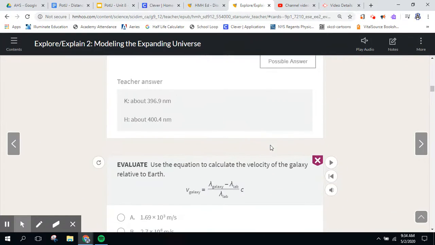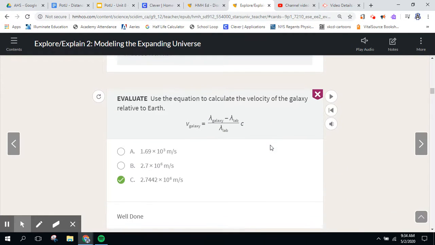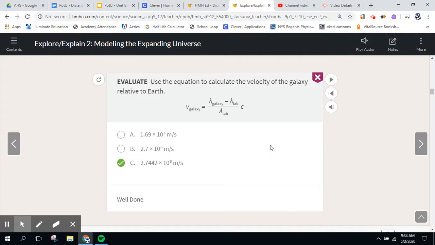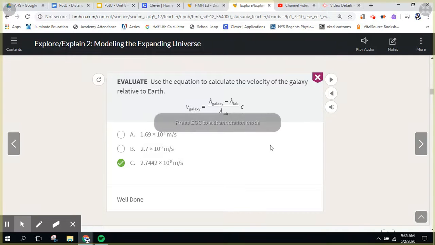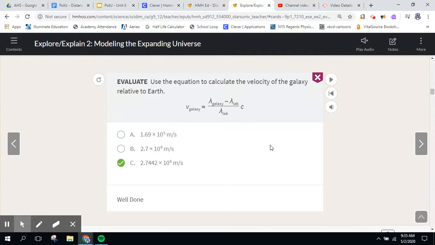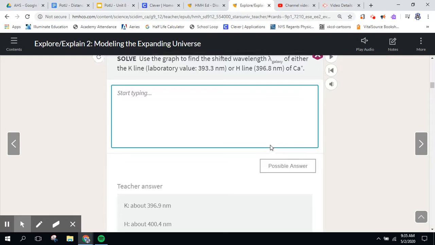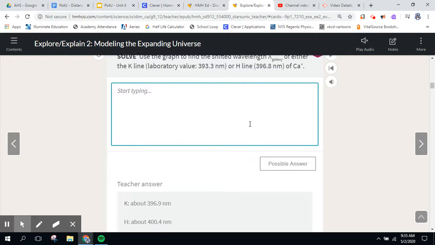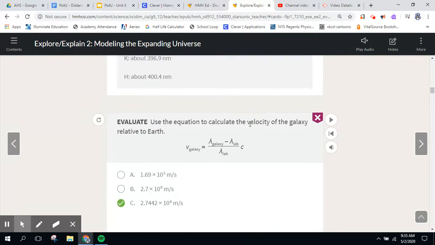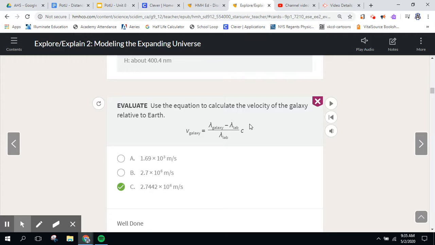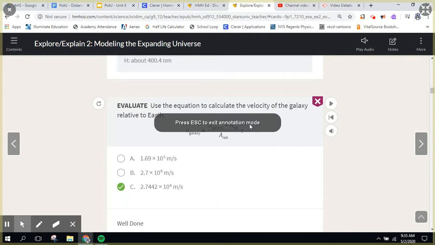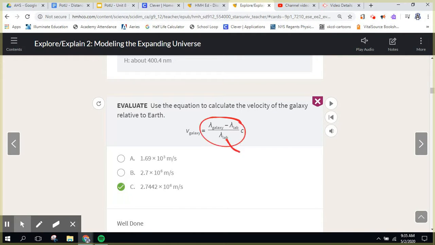So then once you have those values, you actually are going to figure out the wavelength, and it gives you those components. If you take either one of them, so if I take the 400.4, the hydrogen, I'm going to take those values and plug them into our calculation here.